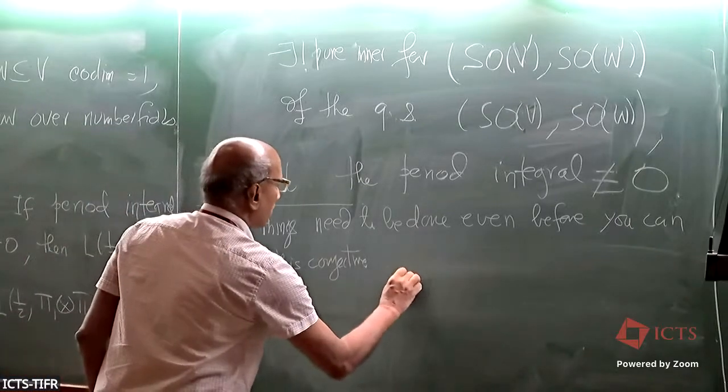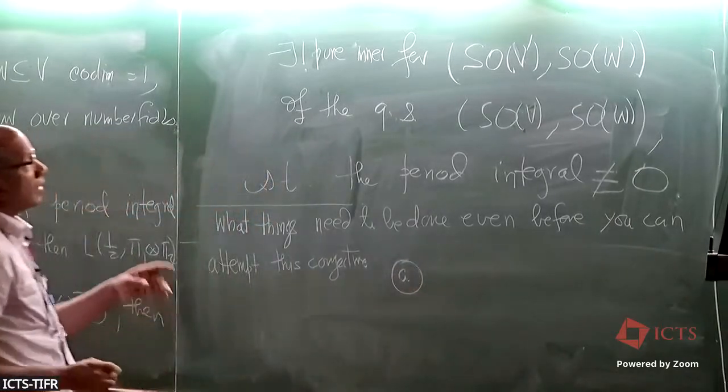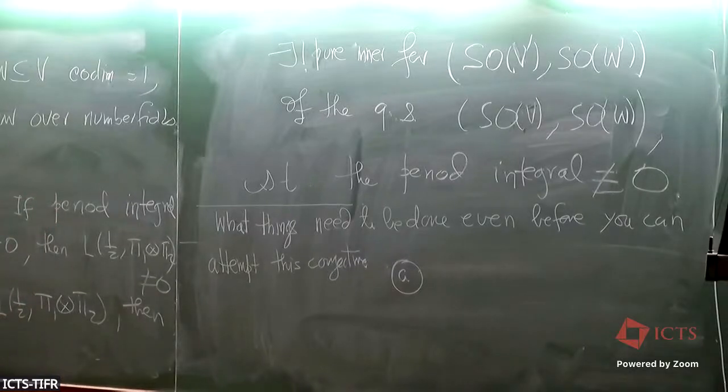So, you know, the local GGP for each place of F will have constructed for you a representation, a group SOV, capital V, small v, and SOWV.